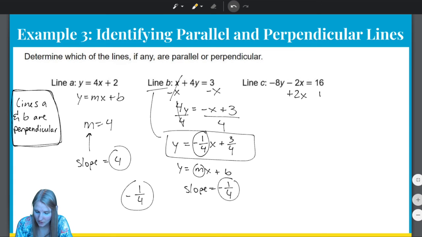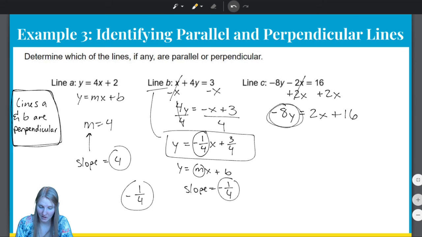I'm going to add 2x to both sides. That gives me negative 8y equals 2x plus 16. And now, remember, I want to get y by itself, so I need to divide by negative 8.